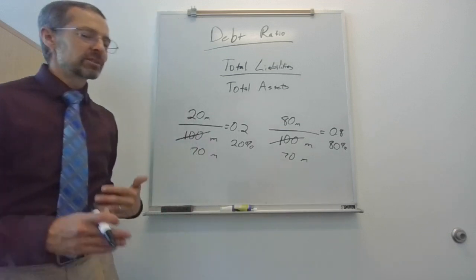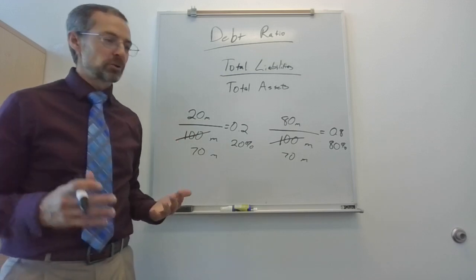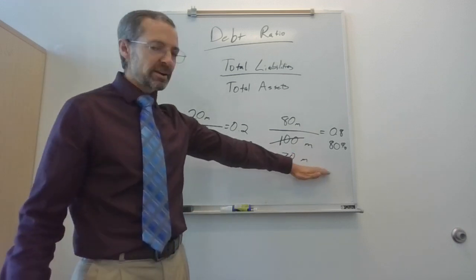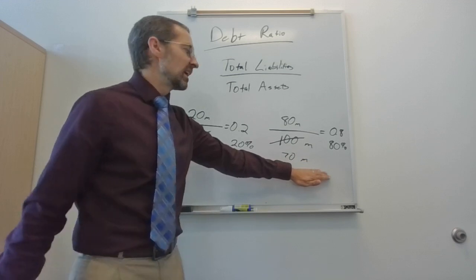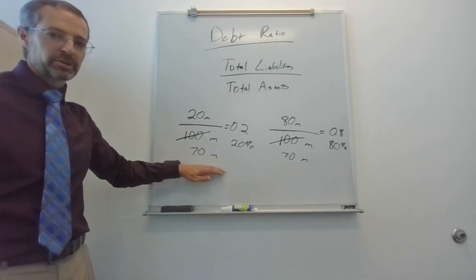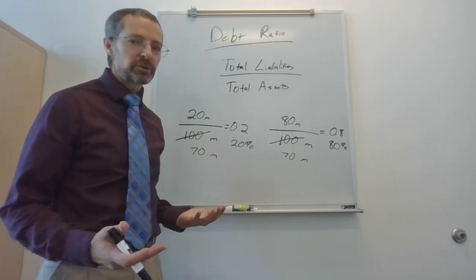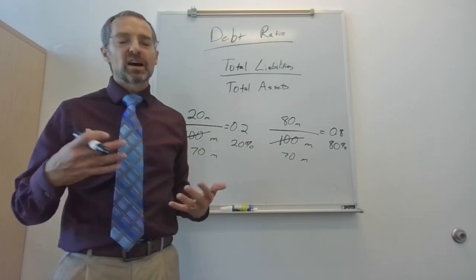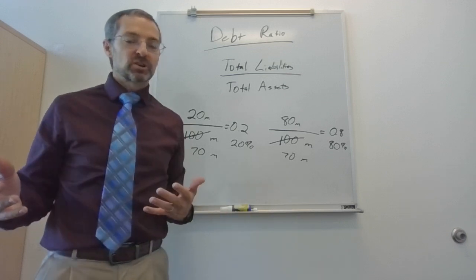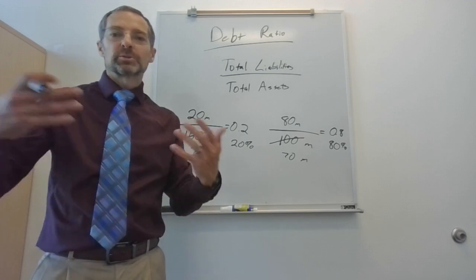You might also hear this as leverage, so you might hear that term thrown around. This is a highly leveraged company, meaning they have a lot of debt compared to assets, and this has low leverage. Now, leverage can be good and bad. You can use leverage to quickly get up and running. Like, how do you start a business? Often you'll get debt, and that helps you get up and running.